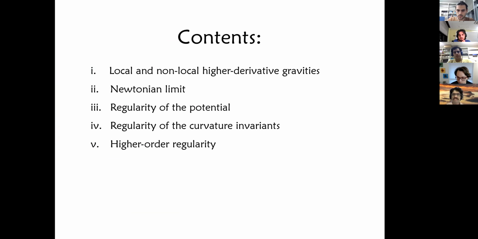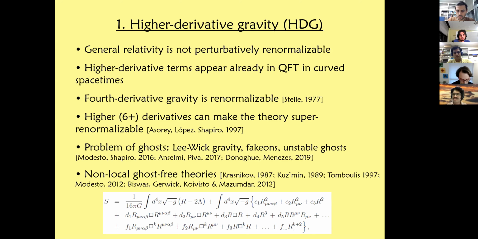And now it's good to talk today because many of the motivations for higher derivatives have already been discussed in the previous days, so I will go very briefly over these motivations.